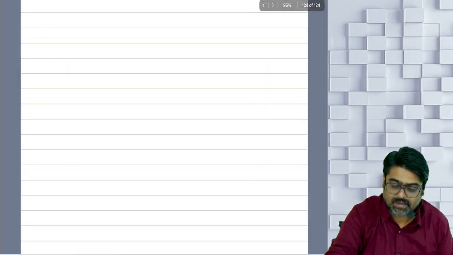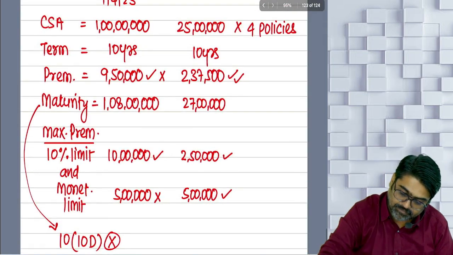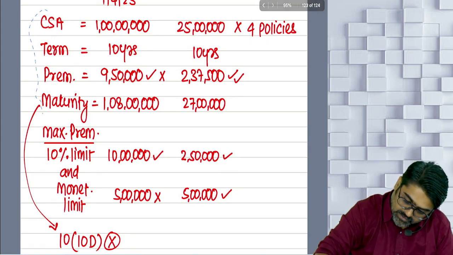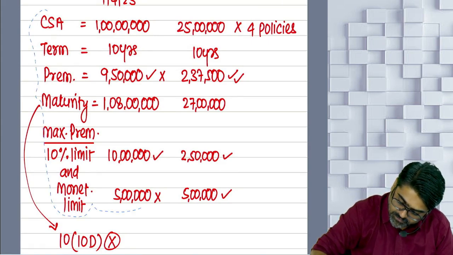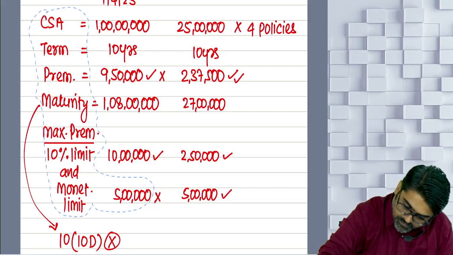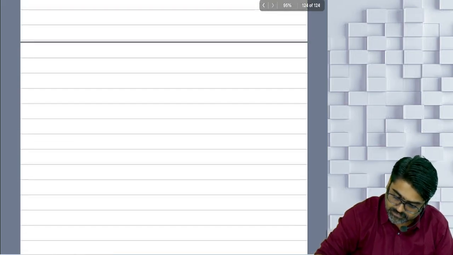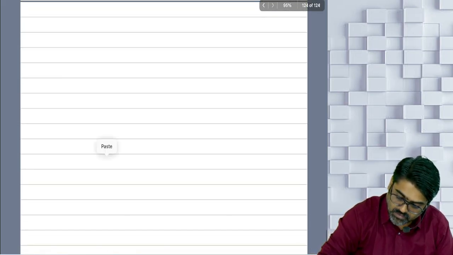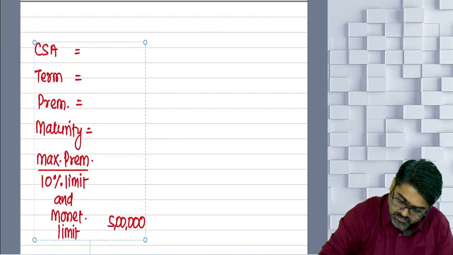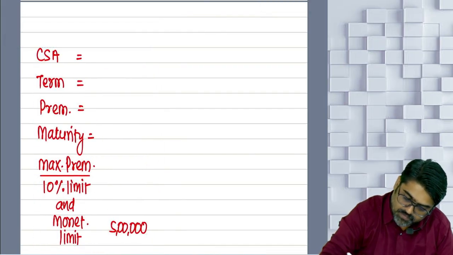Now I'll tell you one thing. See, the same thing, this entire thing I am doing again. Copy and then paste. I want to take a policy for how much? 1 crore, no?